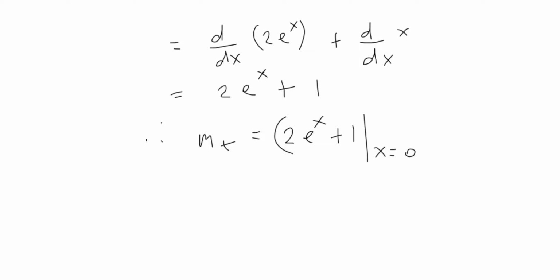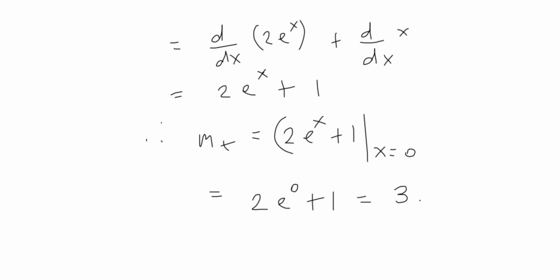We go 2 multiplied by e to the 0, plus 1. e to the 0 is 1, since anything to the power of 0 is 1. So that's basically 2 plus 1, which is equal to 3. So mt is equal to 3.